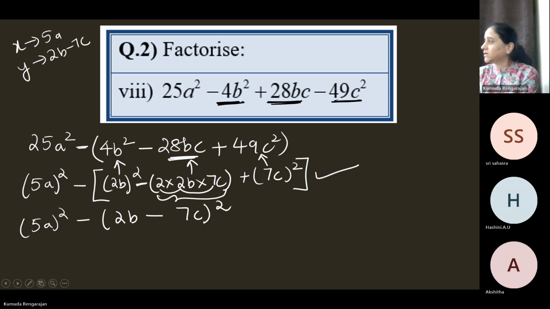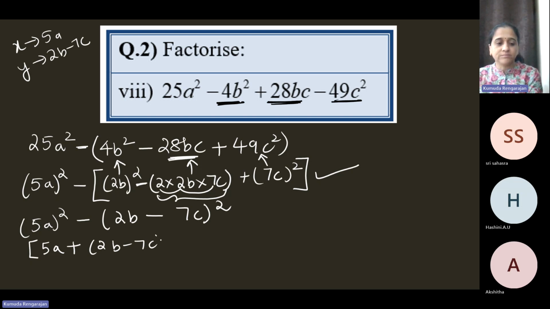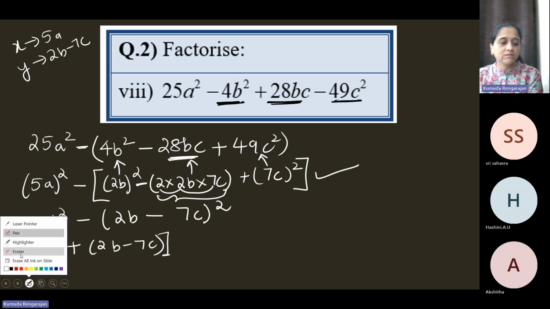Agree? So x squared minus y squared is x plus y, square bracket x, this is x, plus y, 2b minus 7c, y, square bracket.